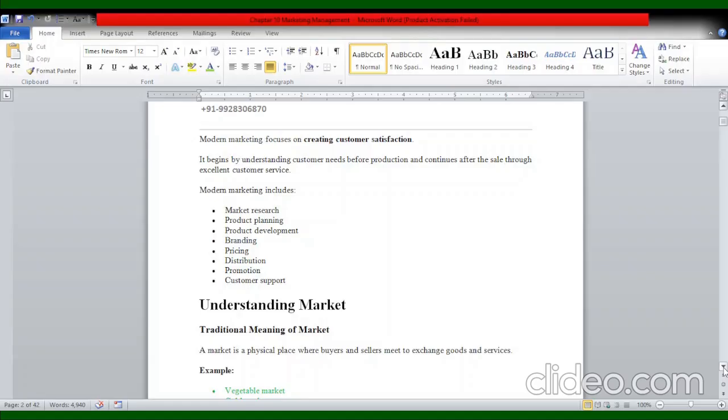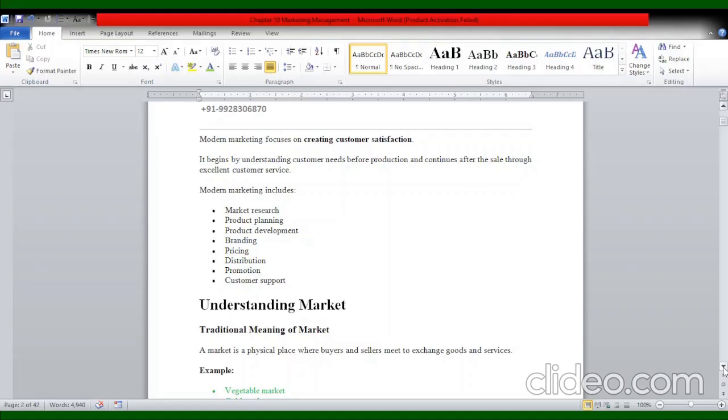So what does modern marketing include? Modern marketing includes market research, product planning, product development, product branding, pricing, distribution, promotion, and customer support. All are interrelated. You have to do market research about the new product. You have to find out the flaws in the already existing product.